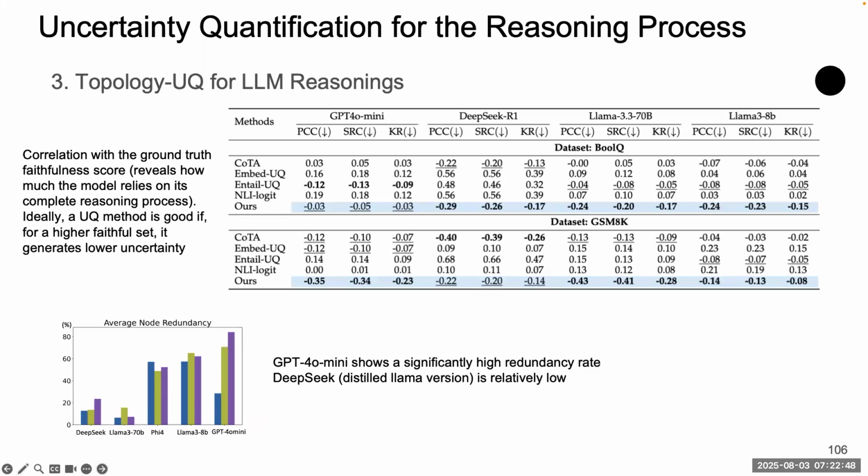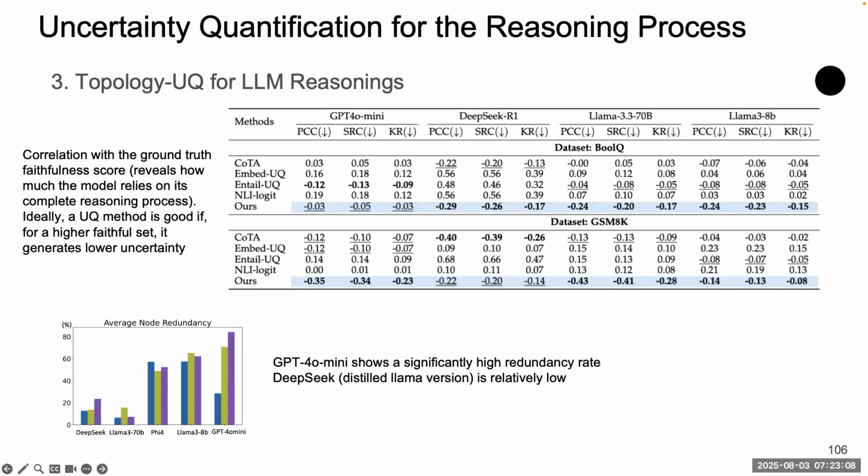well-behaved UQ method. They mentioned that the reliability of this work is based on the success rate of generating legitimate reasoning topology. And these results show that their method is much more effective, revealing the UQ's real faithfulness.